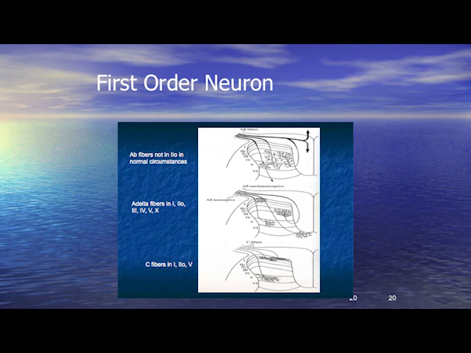Here it's worth mentioning that in the spinal cord there are many laminae. We're talking about A beta fibers, A delta fibers, and C fibers. The A delta fibers and C fibers are the fibers that carry the pure pain sensation.